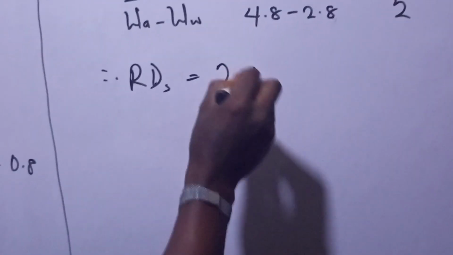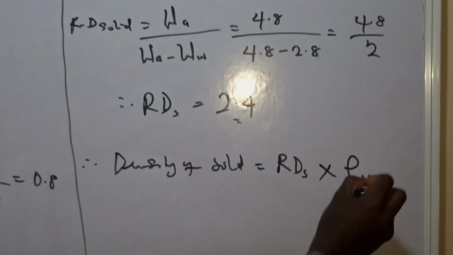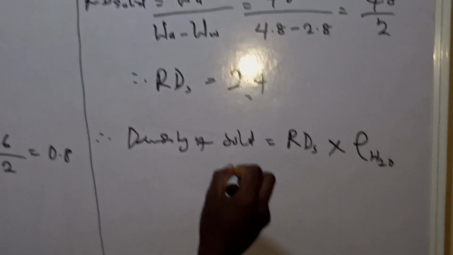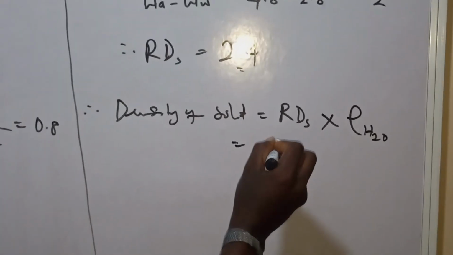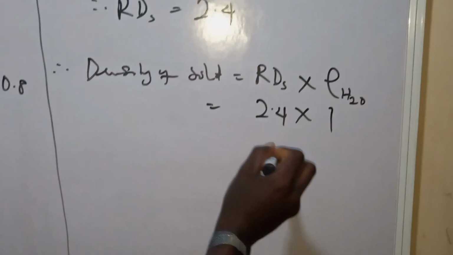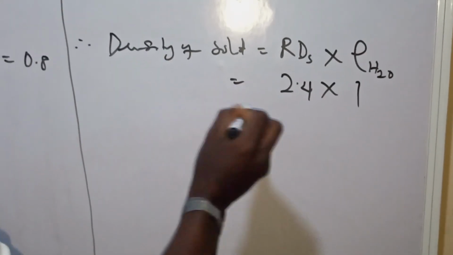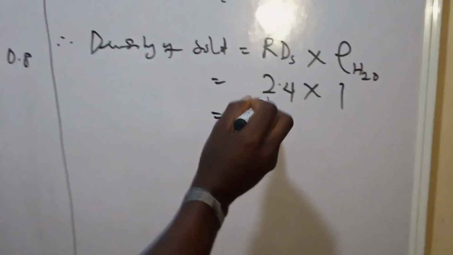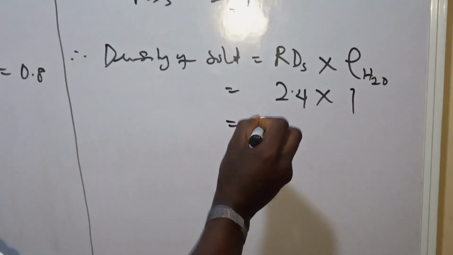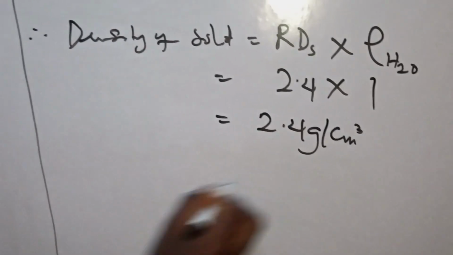We have 2.4. Therefore, density is relative density multiplied by density of water. Density of solid is 2.4 multiplied by 1, which is 2.4 gram per cm cube.